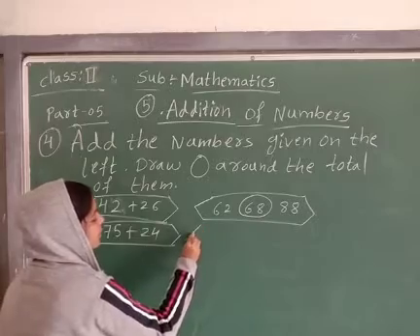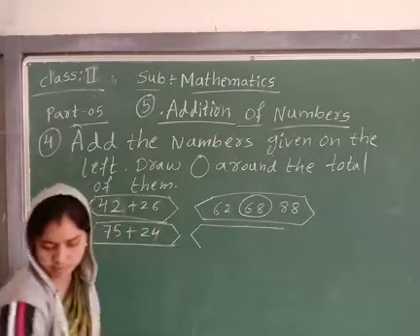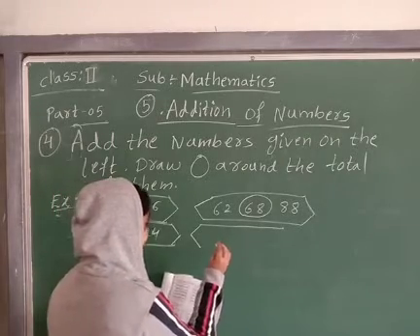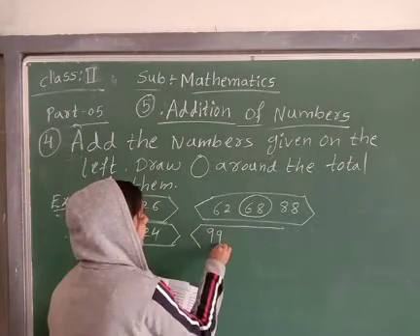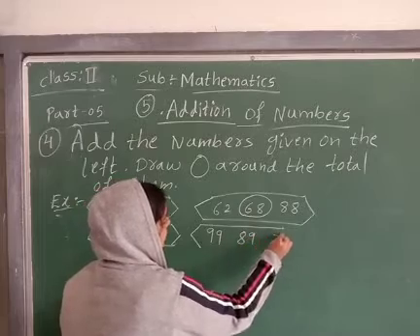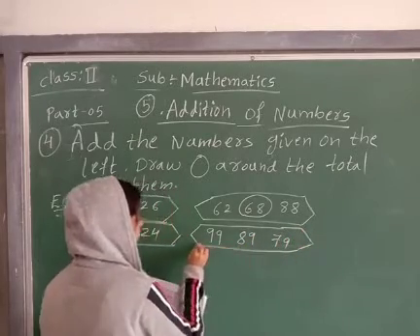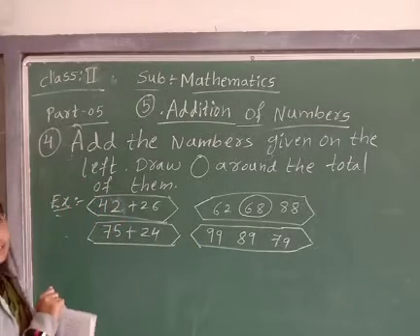So here what answers are given? 99, 89, 79. These answers are given. So among these, which answer is correct?